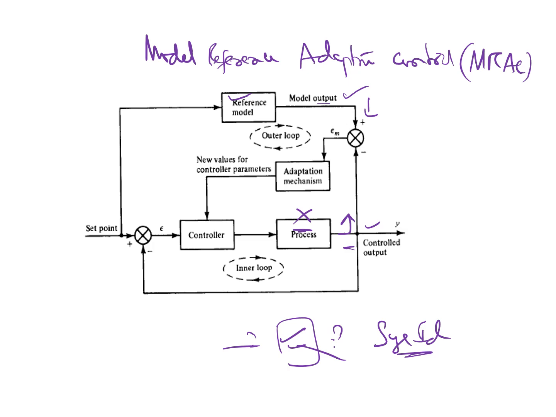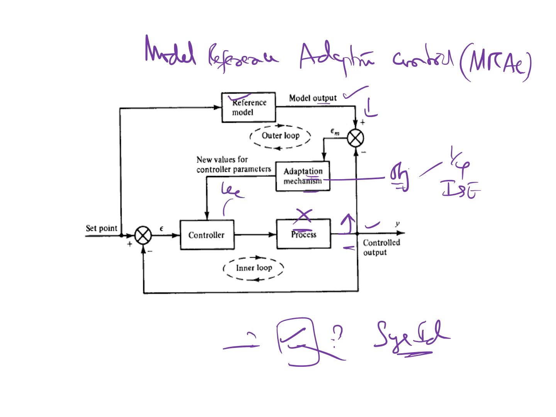If the process is not known to you, the mechanism has to adapt itself so that it gives you the model. So now the model output is compared with the original output and the error is given to a mechanism. Here the adaptive mechanism has the objective function. That objective function is quarter decay ratio or ISE, or you can create your own criteria. Accordingly, change the values, and then your control parameters will be changed.